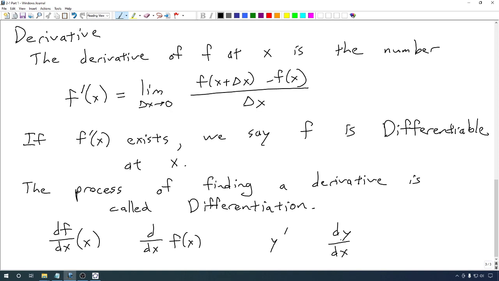It came from a fraction. But we cannot split up the dy and dx, or the df and the dx, and treat it as an actual fraction. At least not right now. We'll come back to this at the end of chapter 3. But for the moment, don't think of this as a fraction.